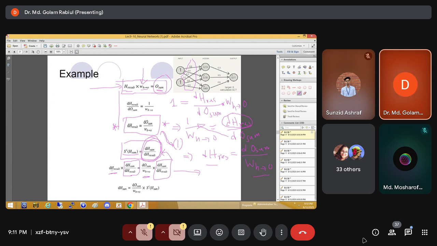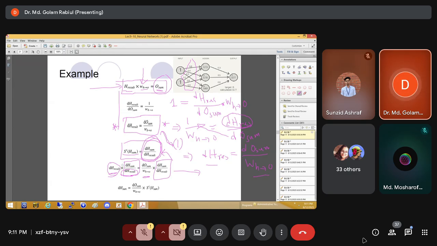Now we can see this is the derivative of hidden results, and this is also the derivative of hidden results. So these two derivatives cancel out.